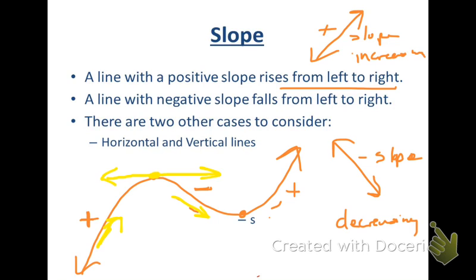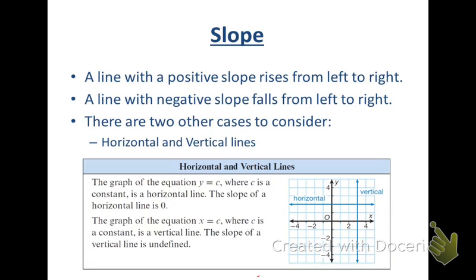This one over here, if I drew a line that mimicked it, it would go like this, right? This side has a negative slope over here. In between those two things, the slope is horizontal. Okay, so the slope of a horizontal line is 0. All right, the slope of a horizontal line is 0.